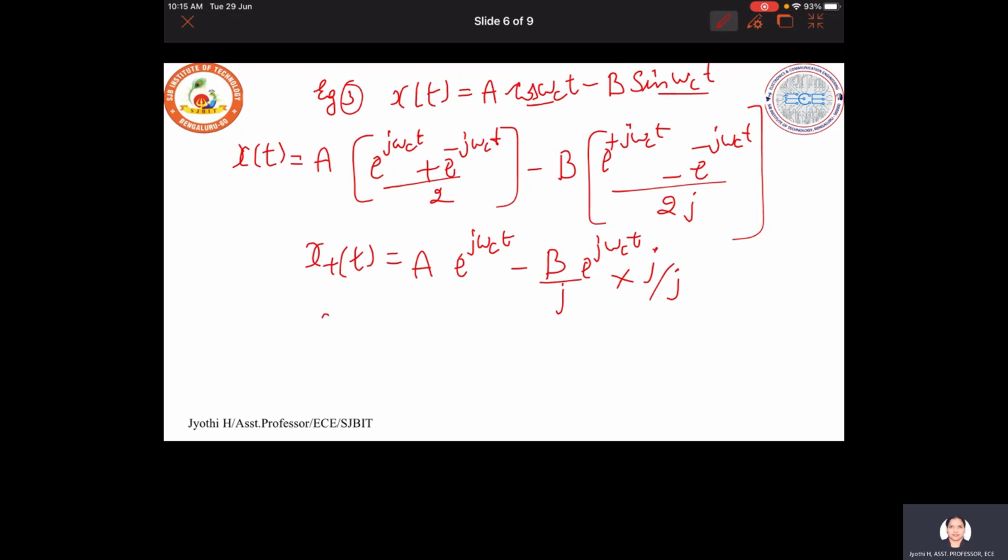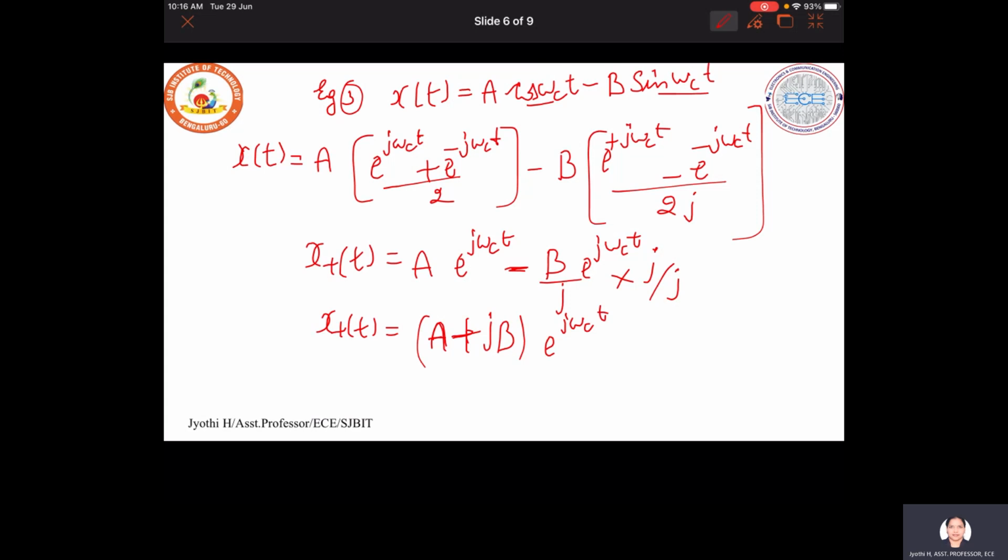After multiplying and extracting, s plus of t is equal to a plus, when you multiply by j, it becomes minus 1, so minus 1 into minus of this, the minus becomes plus. So we can write that as a plus jb, times e to the power of j omega ct.